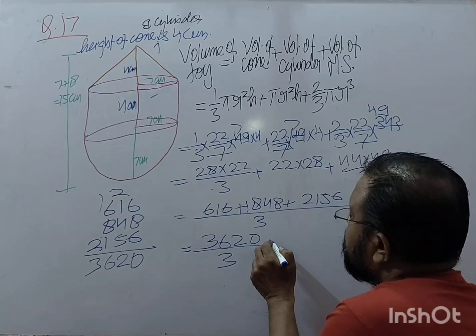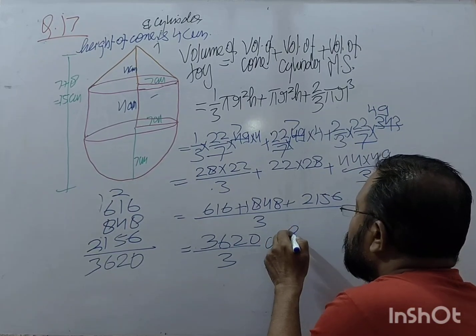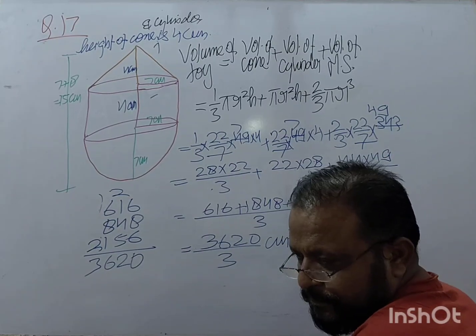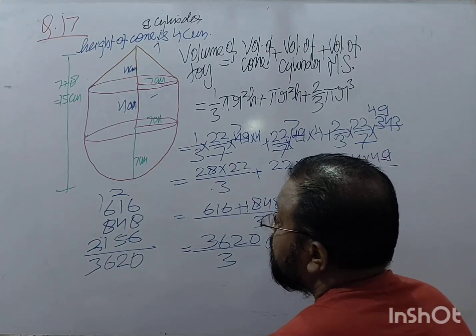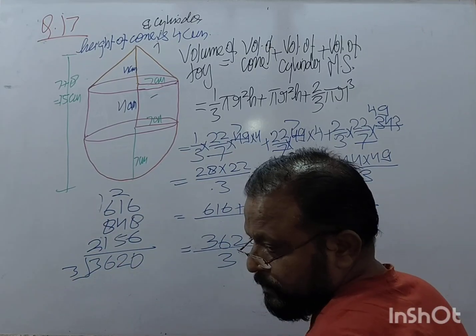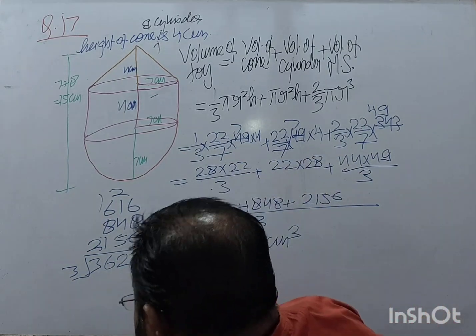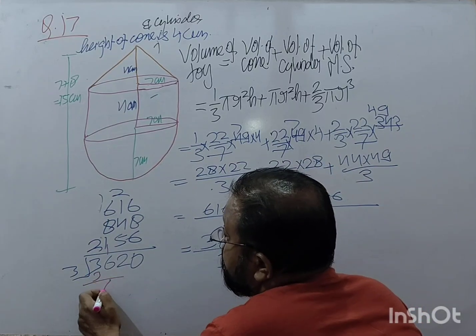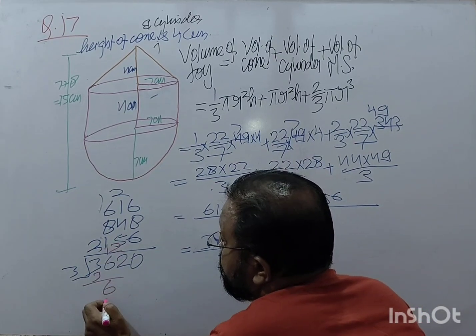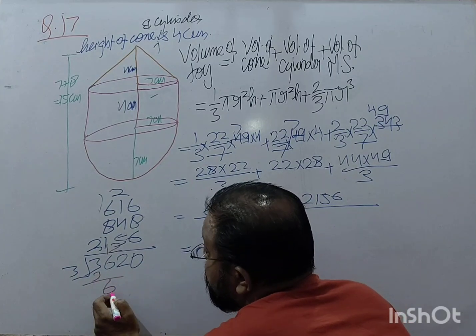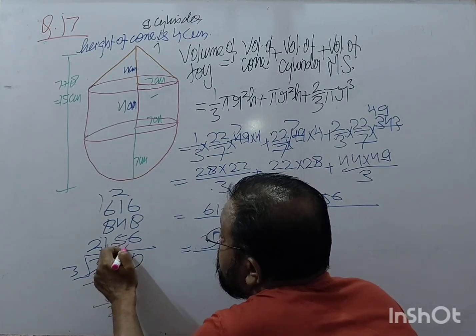Yes, centimeter cube. It will not terminate. When you divide it by 3, then you get 1 times 3 becomes 3, you get 6, 2 times 2 becomes, 2 times 3 becomes 6, you get 2, 0.